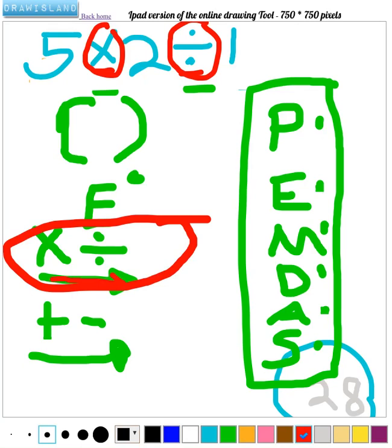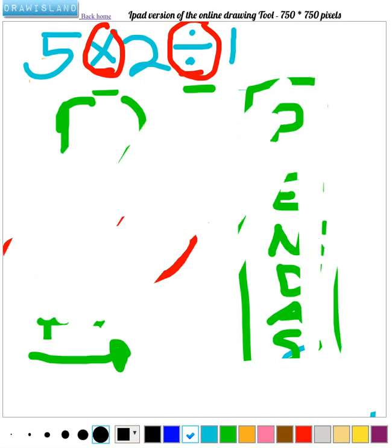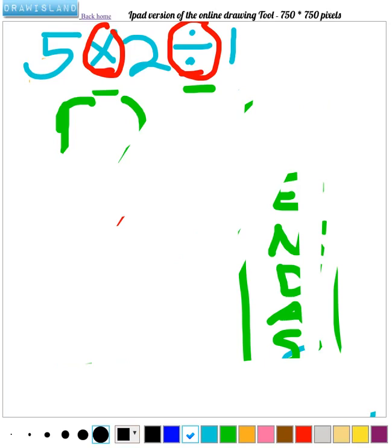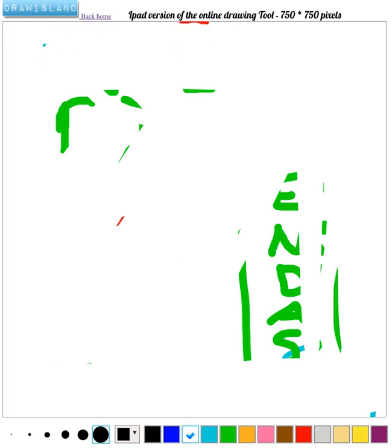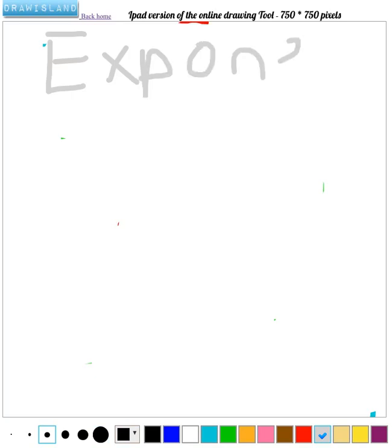Let's go to our next part, exponents. Exponents is when, suppose you have the number 2, and then there's a little number above it.